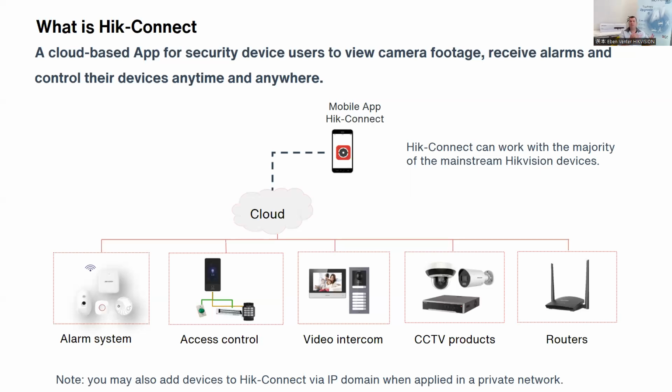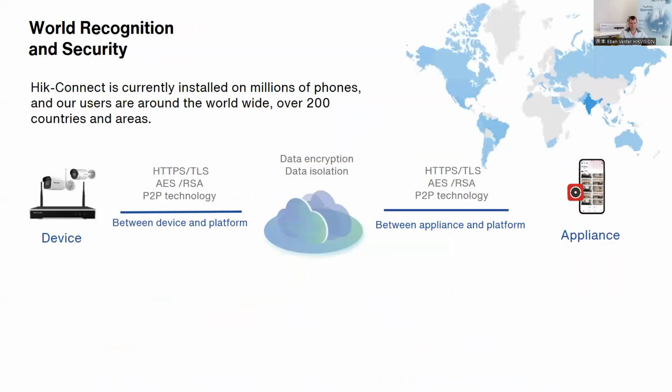It allows you to view the footage or whatever information you require from the devices through the cloud, through our servers that we have in each different country, and we do this by peer-to-peer. We cover more than 200 different countries and areas: the United States, Brazil, Thailand, the UK, the entire world.